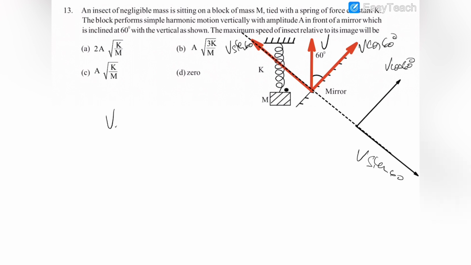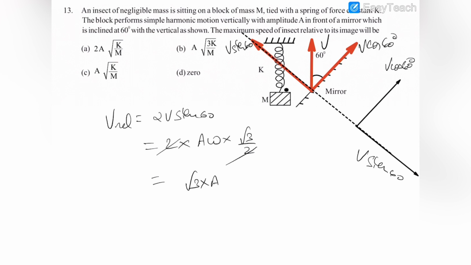So v relative will be 2v sin 60, where v's maximum speed is A omega, and sin 60 is root 3 by 2. So we know that it is root 3 into A omega, and omega is under root k by m.